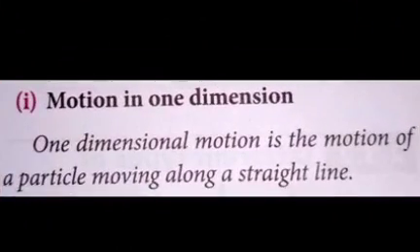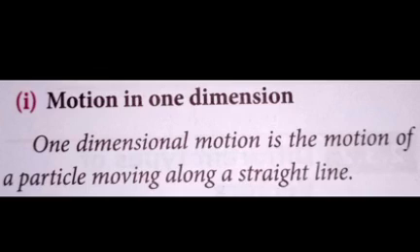Students, now we are going to discuss motion in 1 dimension, 2 dimensions and 3 dimensions, which means the object covers the x-axis, or xy axes, or xyz axes. First we discuss motion in 1 dimension. In motion in 1 dimension, the object covers only one axis.